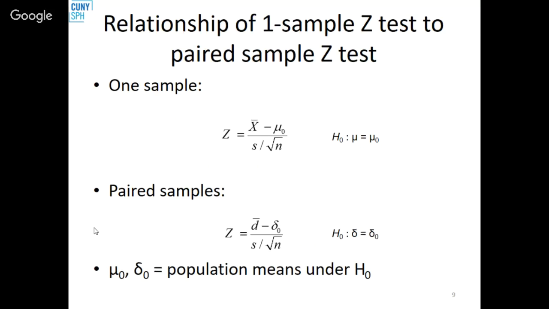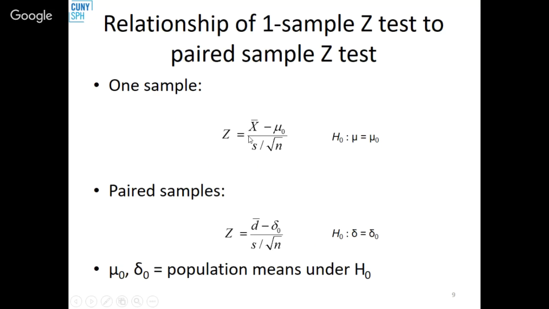I'm going to talk about the paired test first because it is really similar to the 1 sample tests. With the 1 sample test, we calculated a z statistic like this. With paired samples, the z statistic is exactly the same, except that I'm using a d to represent the differences, and a delta 0 to represent the population difference under the null hypothesis.